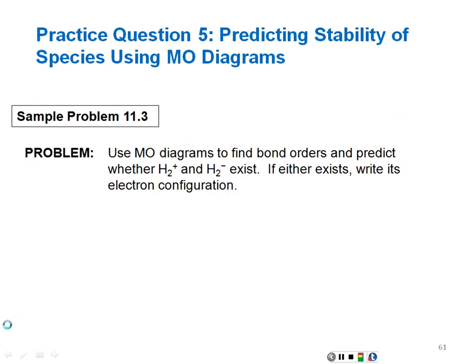So let's try another practice question. Again, this one is taken from your book, Sample Problem 11.3. Use molecular orbital diagrams to find bond orders and predict whether H2 plus and H2 minus exist. And if either of them exists, write out the electron configuration.